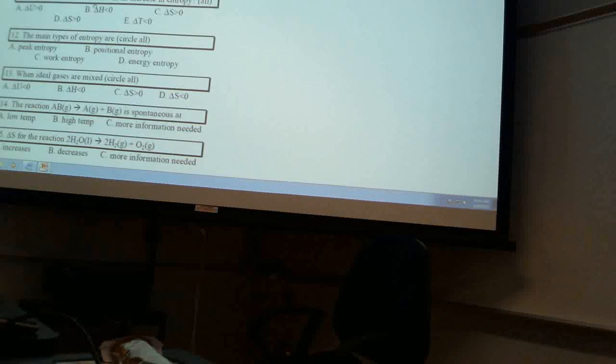If we took 1 liter of A plus 1 liter of B, we're going to end up with how many liters of gas? 2 liters of gas. So we had all the A gas organized over here, and then all the B gas organized over here. This is fairly well ordered because all the B gas is there, the A gas is here.